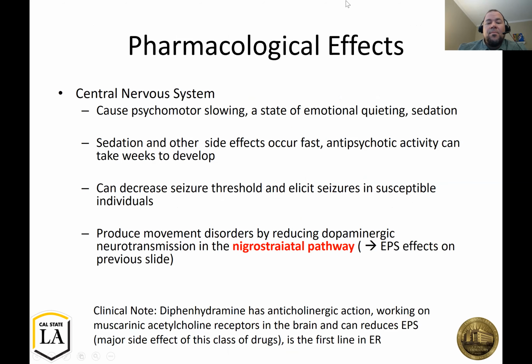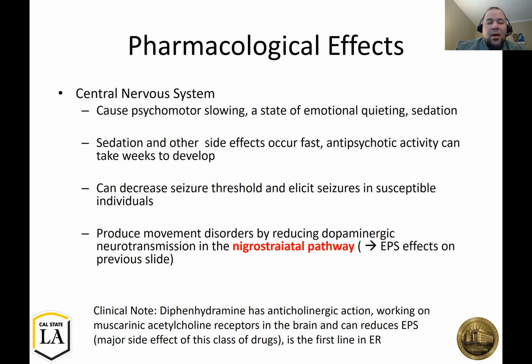Okay. So how this all plays out, we're talking about the central nervous system, and to produce movements in general, right? With movement disorders, we're talking about different dopamine pathways. The nigrostriatal pathway is also a factor here in the EPS side effects.